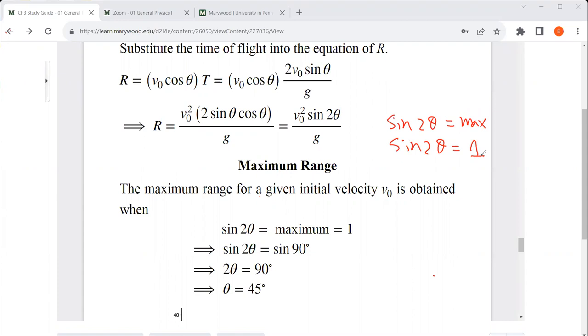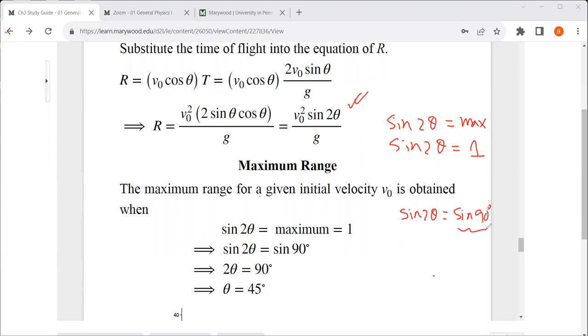So this R will be maximum when sine 2 theta equals 1. That is the maximum value of sine. Now 1 is the value of sine 90 degrees. If you use your calculator for sine 90 degrees, you will find 1.